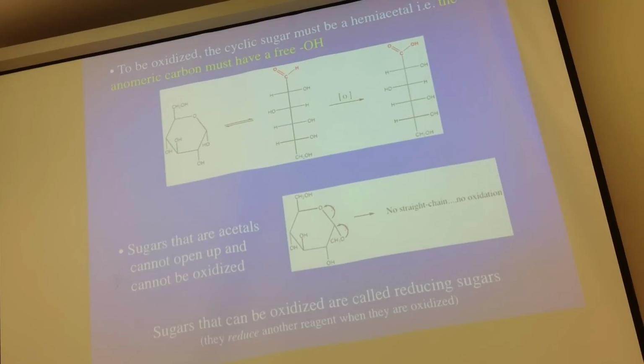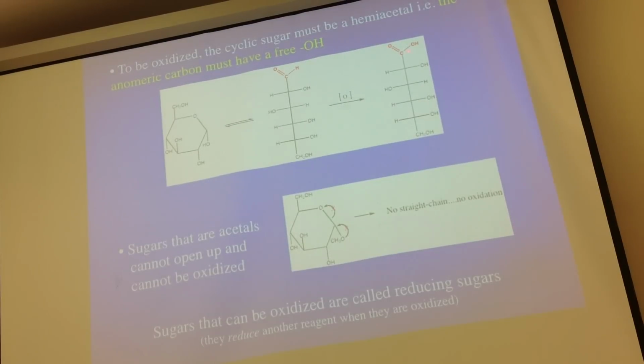Doesn't matter if it's alpha or beta, there is no aldehyde here. But what can happen is, if it's a hemiacetal, so you have your oxygen that came from the alcohol that attacked, there's your carbonyl carbon, this thing can reverse itself. If it's a hemiacetal, it pops open, voila, your aldehyde, and immediately, wham, it goes to a carboxylic acid.